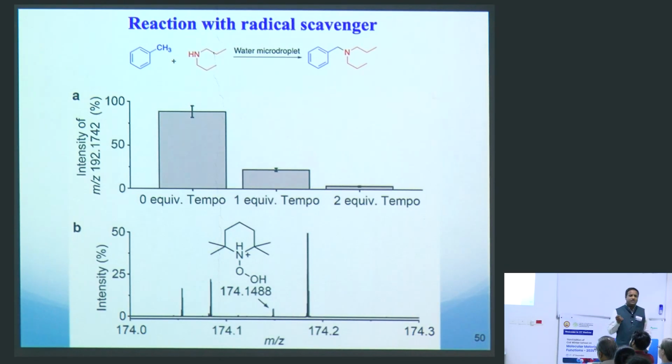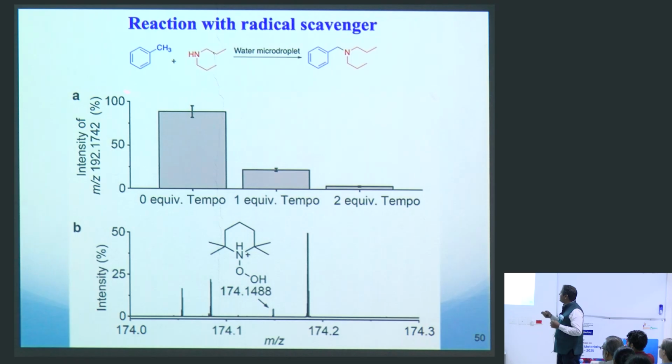To monitor whether the reaction is really going by a radical mechanism or a cationic mechanism, one can add a trapping agent. We used TEMPO as one of the trapping agents, where TEMPO also has one radical. If the reaction goes via radical formation, TEMPO and that radical intermediate form a complex, and you will not get the product.